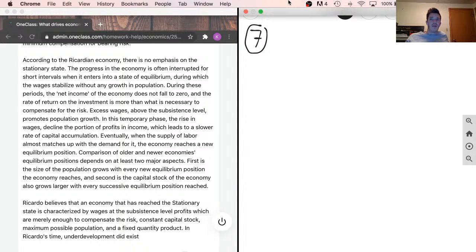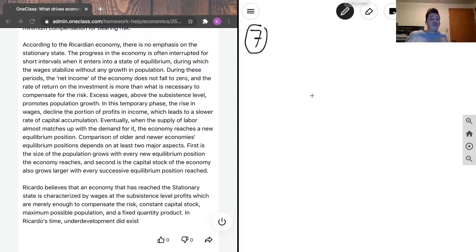Excess wages above the subsistence level promote population growth. In this temporary phase, the rise in wages declines the proportion of profits and income, which leads to a slower rate of capital accumulation. Eventually, when the supply of labor almost matches up with the demand for it, the economy reaches a new equilibrium position.